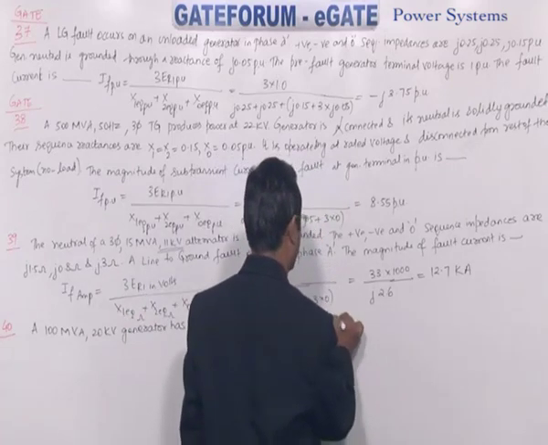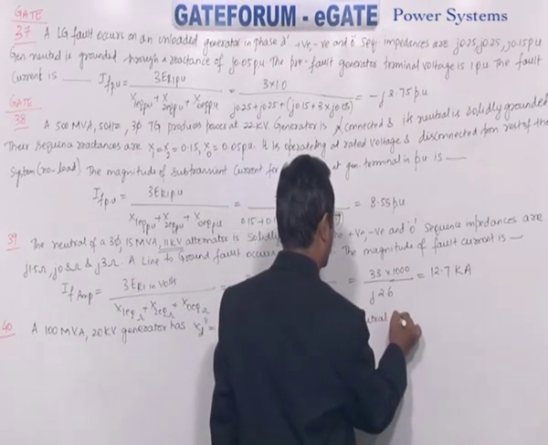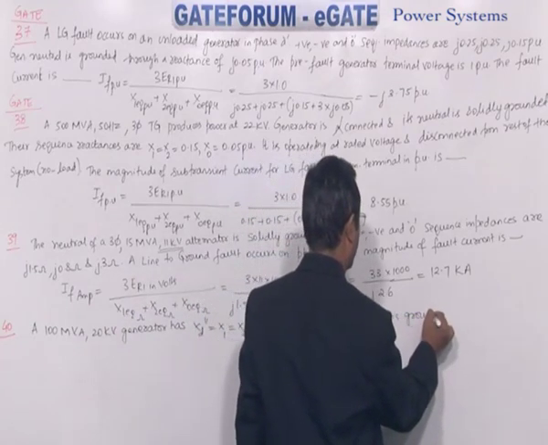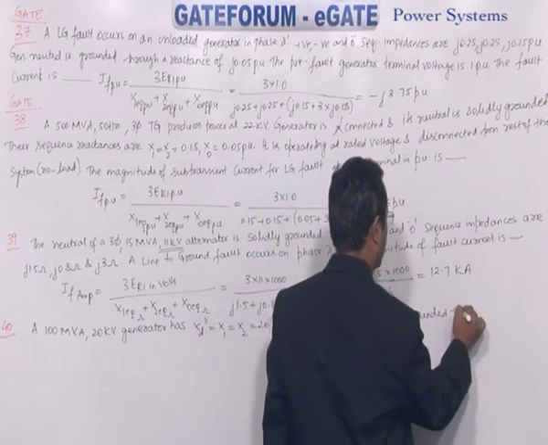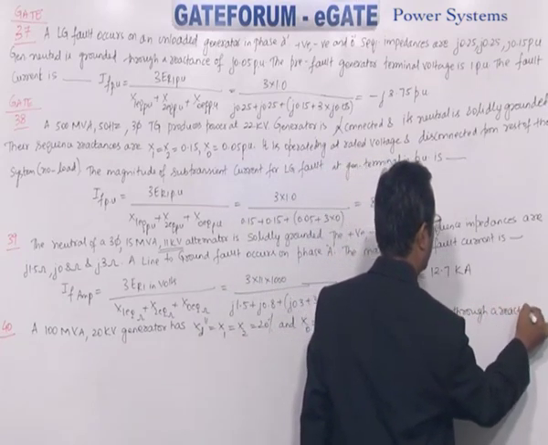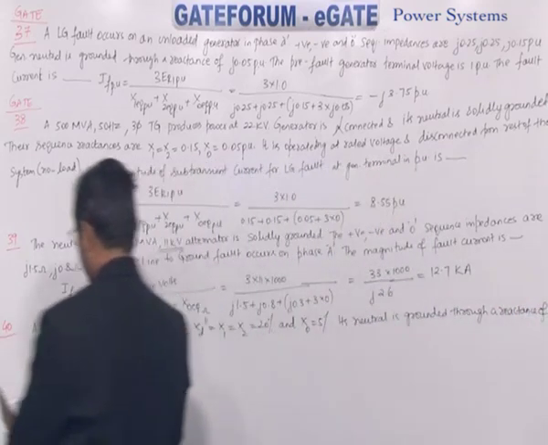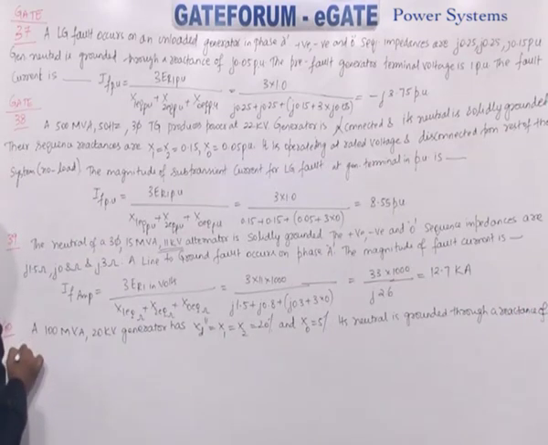Now the neutral is grounded through a reactance of 0.32 ohms.